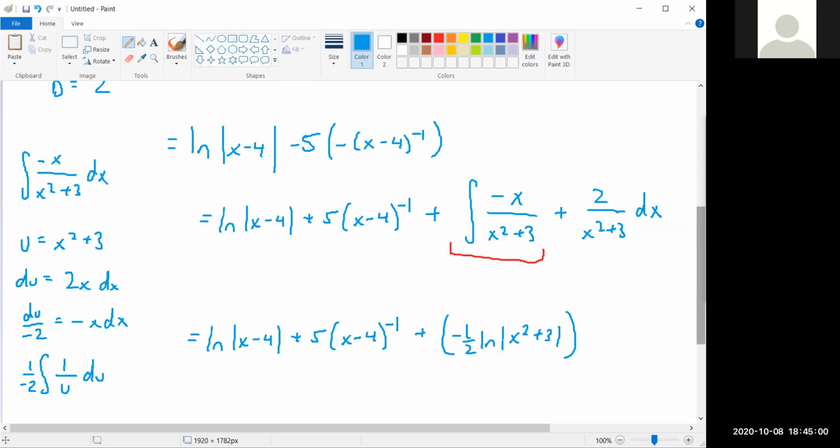Okay, and then let's look at the last integral. So now we're looking at 2 over x squared plus 3. Does that look familiar to you guys?